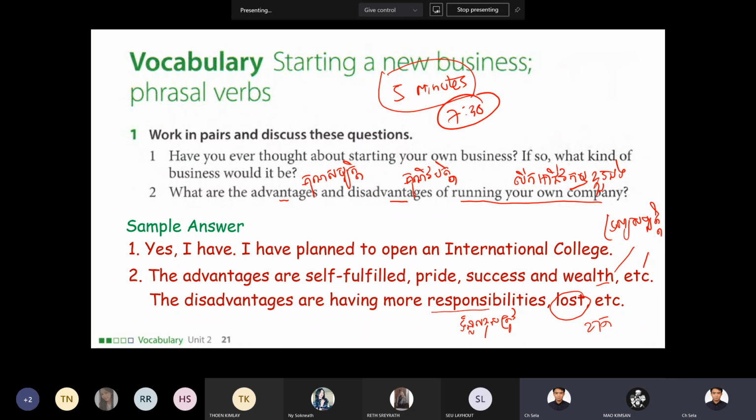Have you ever thought about starting your own business? If so, what kind of business would it be? Yes, I have. I have planned to open a coffee shop.